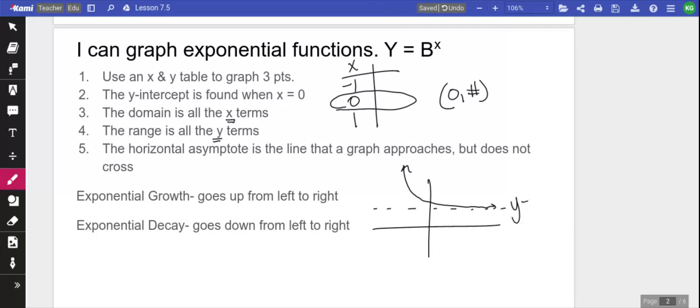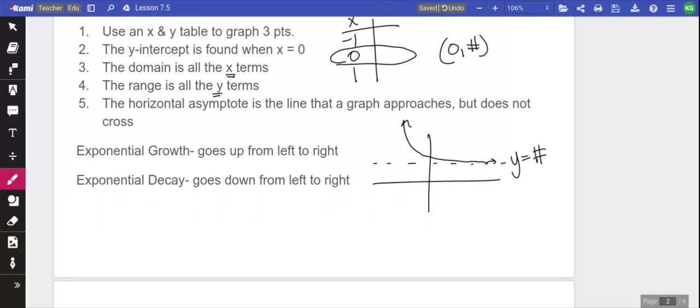So it's going to be y equals a number because it's horizontal. Now, we're going to be asking ourselves, is something exponential growth if it's going up from left to right, or exponential decay if it's going down from left to right? So those are all things we're going to be discussing.